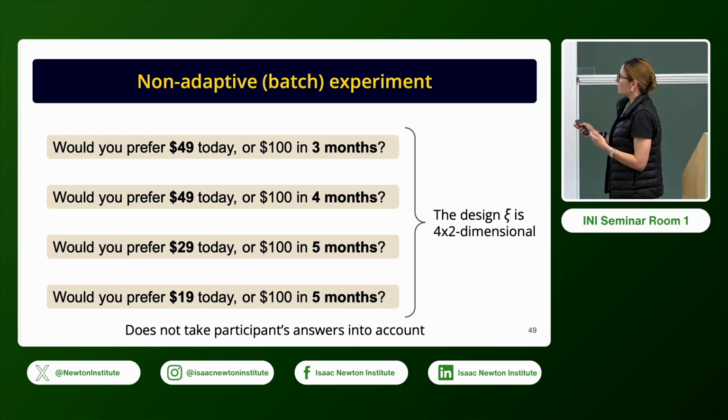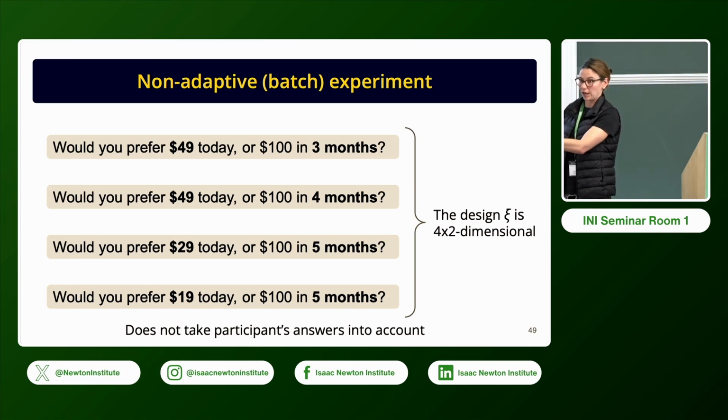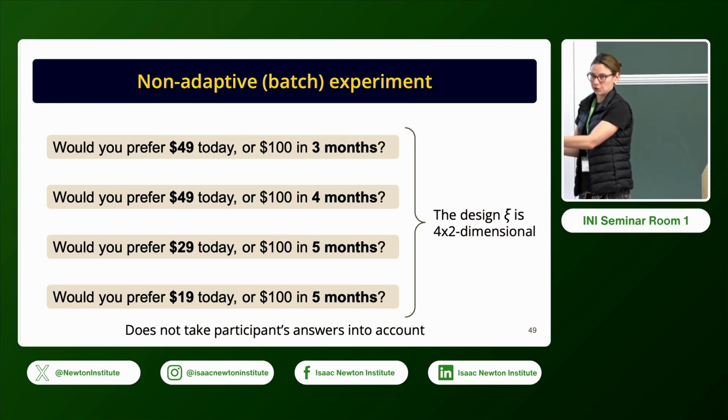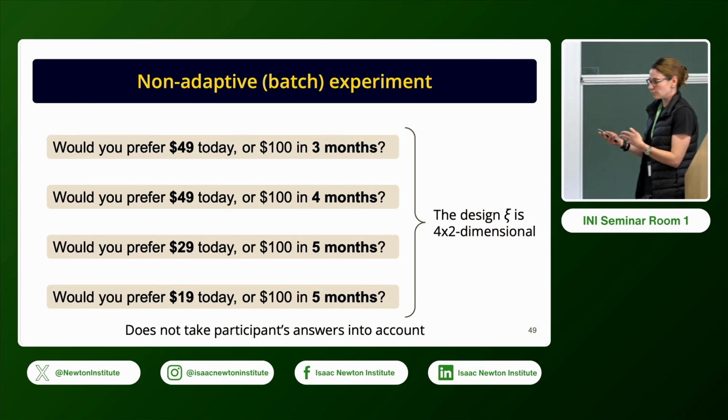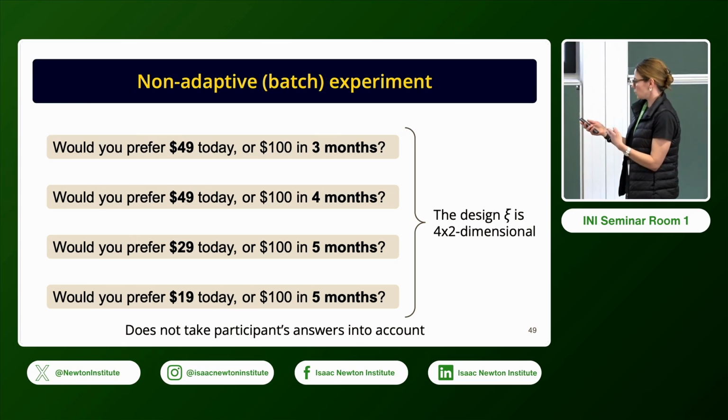Our design, rather than one item of 2 dimensions, is going to be a batch of 4 2-dimensional objects, and we're going to learn this 8-dimensional design at the same time with variational approaches, for example. Now, obviously, this doesn't take participants' answers into account, and therefore will be inefficient, right? We're not assimilating the information that we are obtaining from participants in designing the next question.